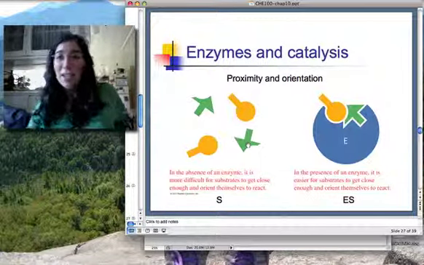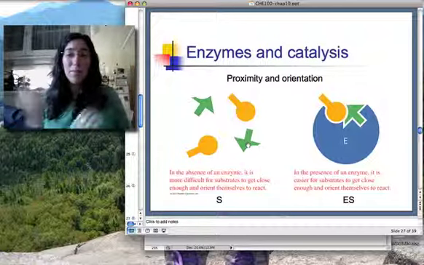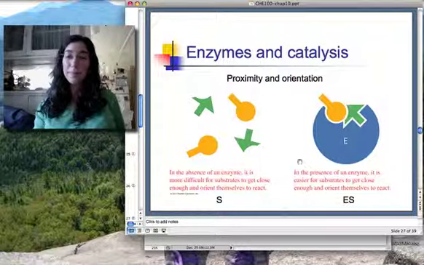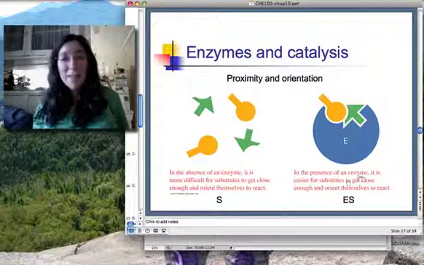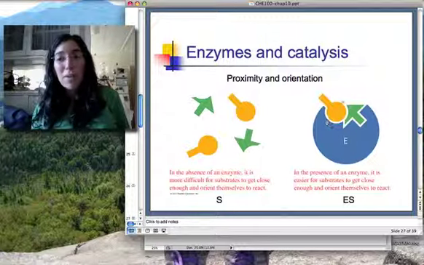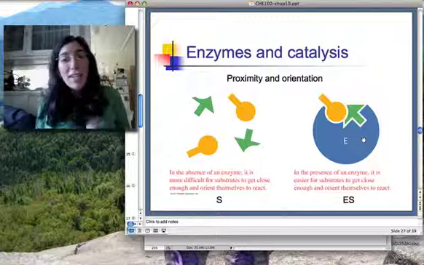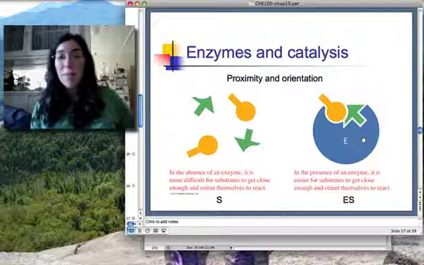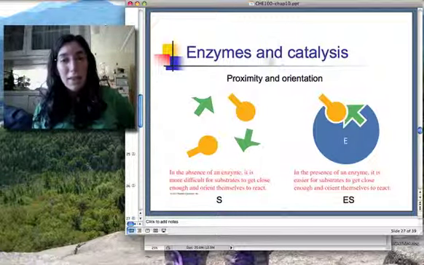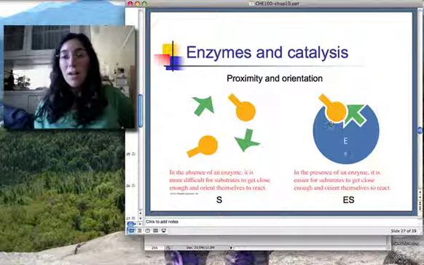What are the odds that they're going to find each other randomly in space? However, in the presence of an enzyme, when they're both attracted to this enzyme and fit nicely in this enzyme, it's a lot easier to get them close enough together to orient themselves in the proper way to react, to form a reaction.